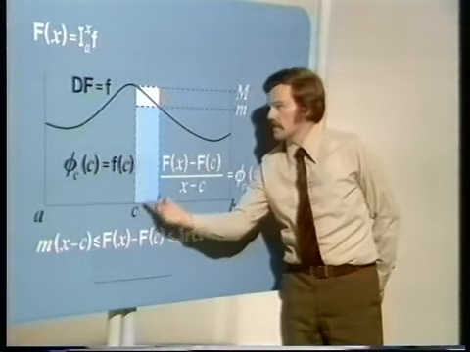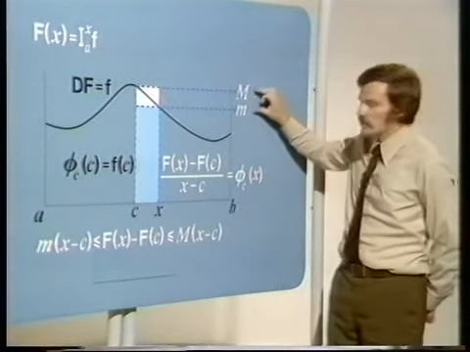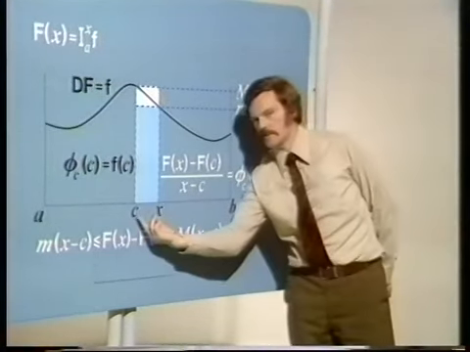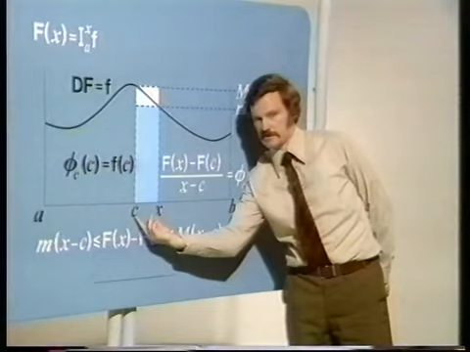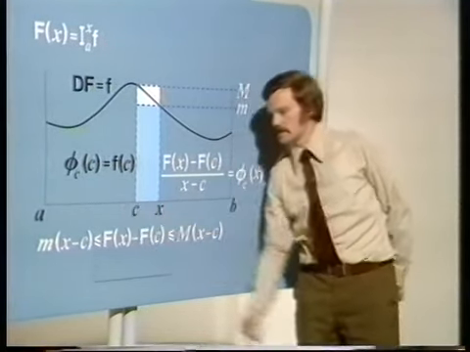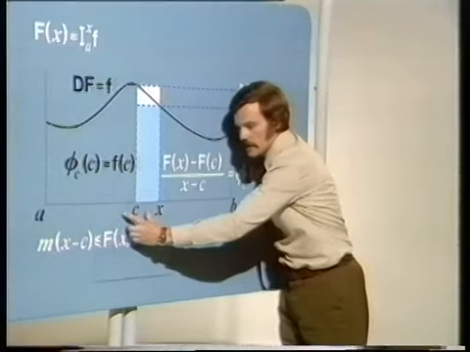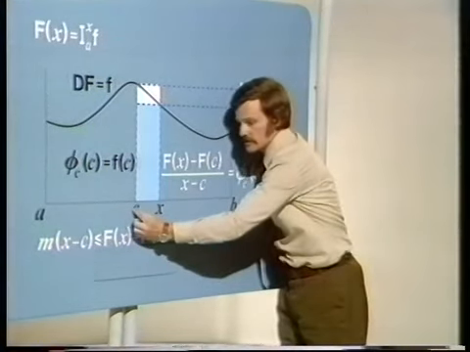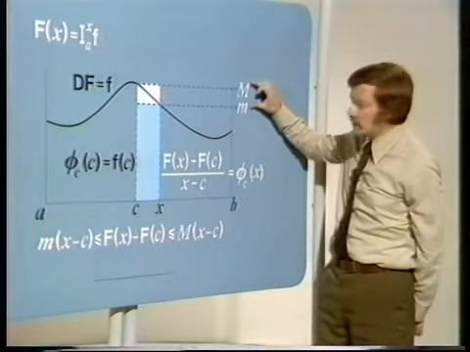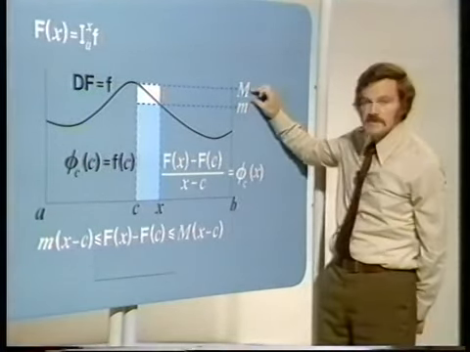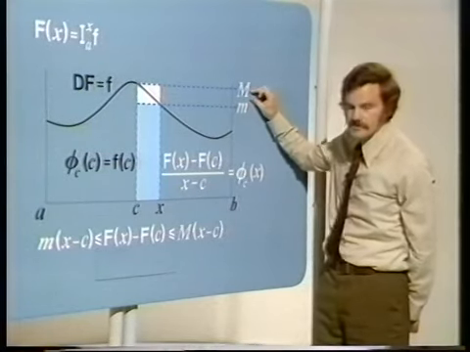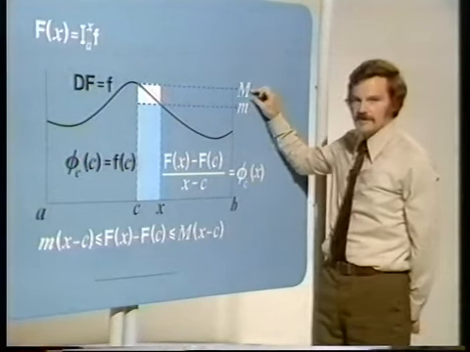In other words, the values of the chord-slope function are contained in the least closed interval containing f of the interval cx. Well, the same would be true for any interval we take down here containing c. So if we take a nest converging to c, the images under the chord-slope function are going to be contained in a nest which, by the continuity of the function little f, converge to f of c. And that's exactly what we want.